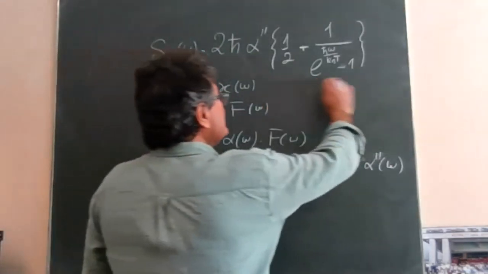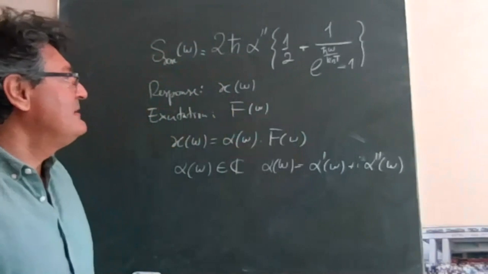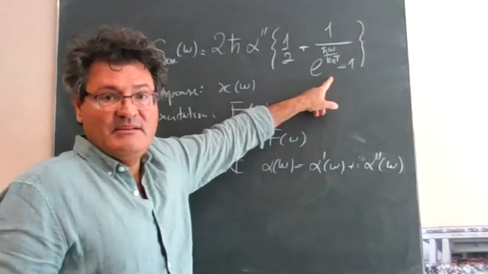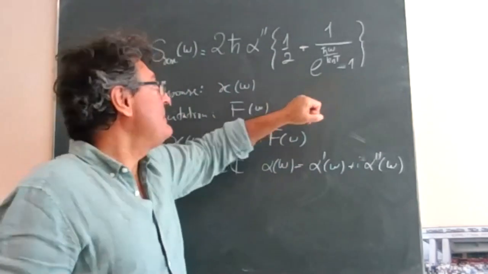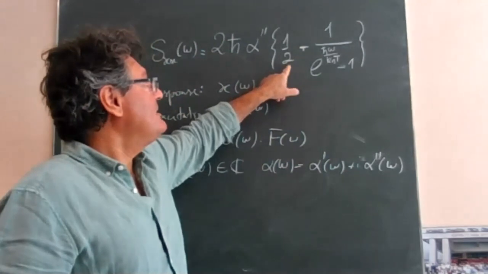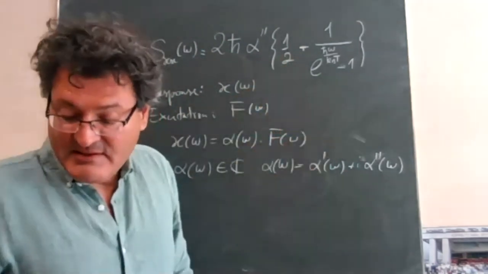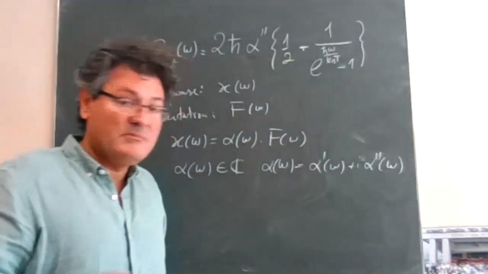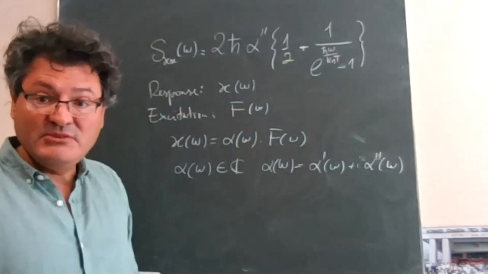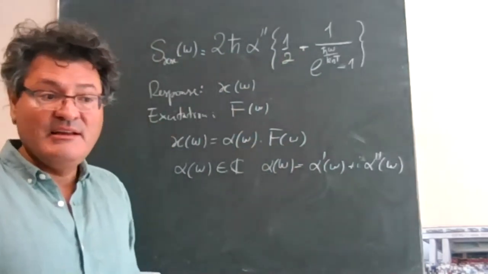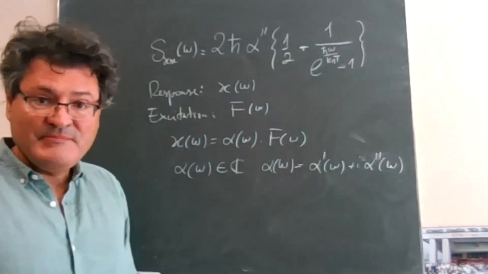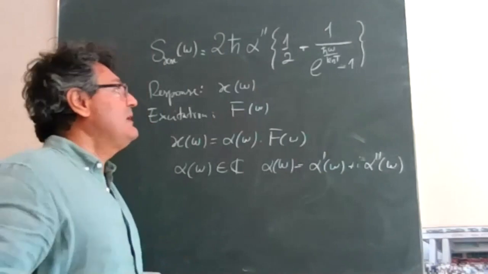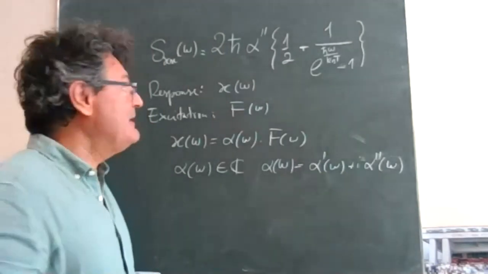Now, what is this term? Well, you will see here the Bose-Einstein distribution function. This 1/2 comes from the fact that for every harmonic oscillator, the fundamental energy is just half h bar omega. Here we are in the full quantum mechanics picture.